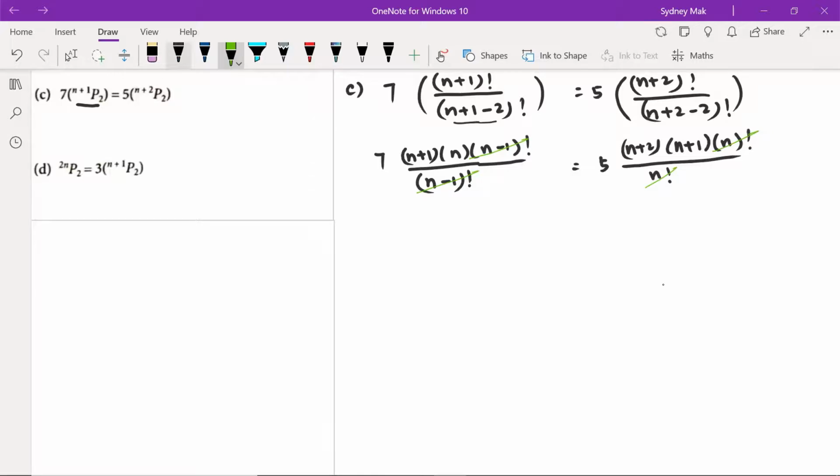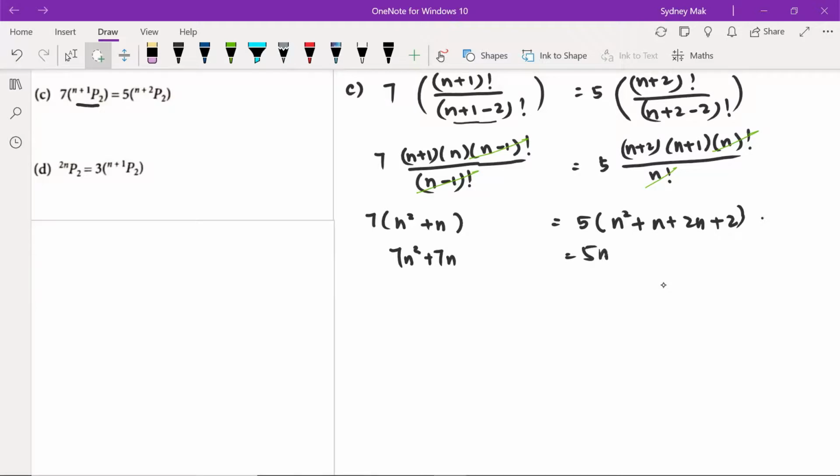Now, for each term, we expand. So we have 7 times n squared plus n equals 5 times n squared plus n plus 2n plus 2. Next, we will then have 7n squared plus 7n equals 5n squared, 1 plus 2 is 3, 3 times 5, 15n plus 10.